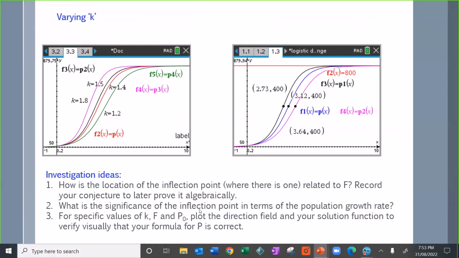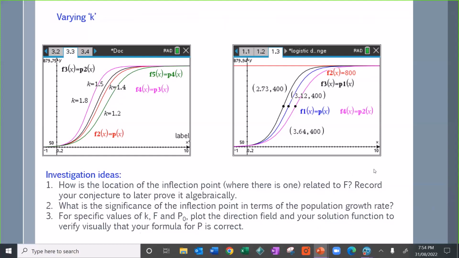What is the significance of the inflection point in terms of the population growth rate? For specific values of K, F, and P0, plot the direction field and your solution function to verify visually that you solve the differential equation correctly and so on.